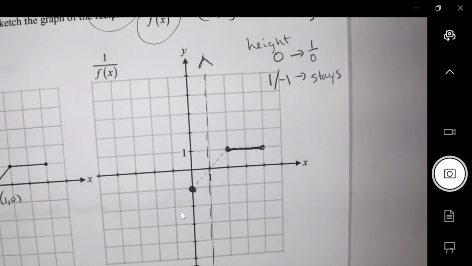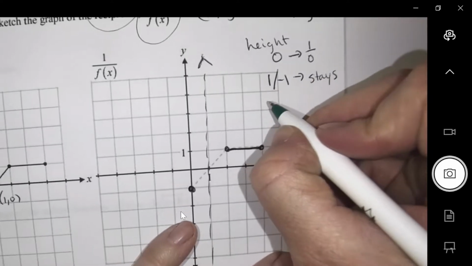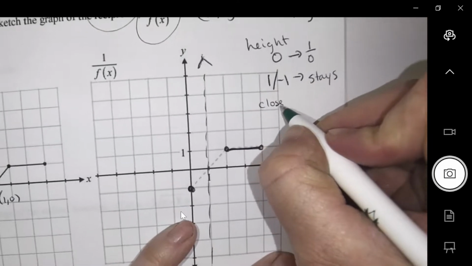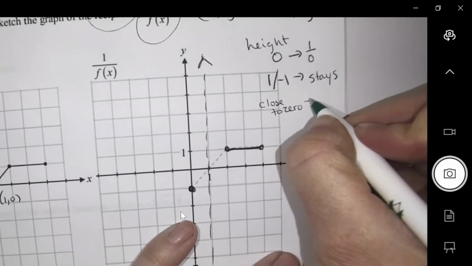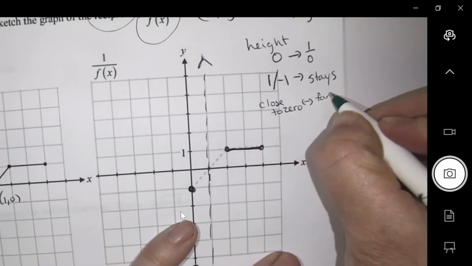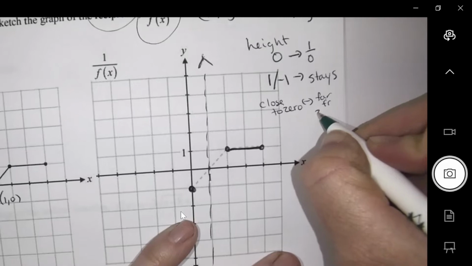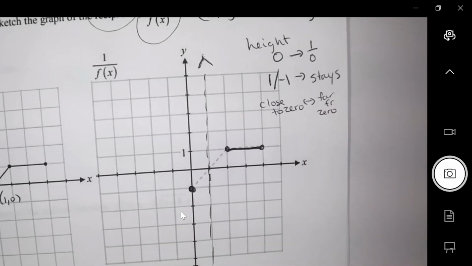then the third thing I do is analyze close to 0, far from 0. Okay, because if you are close to 0, your reciprocal will be far from 0. If you're far, your reciprocal will be close. Right? The number 50 turns into 1 over 50.